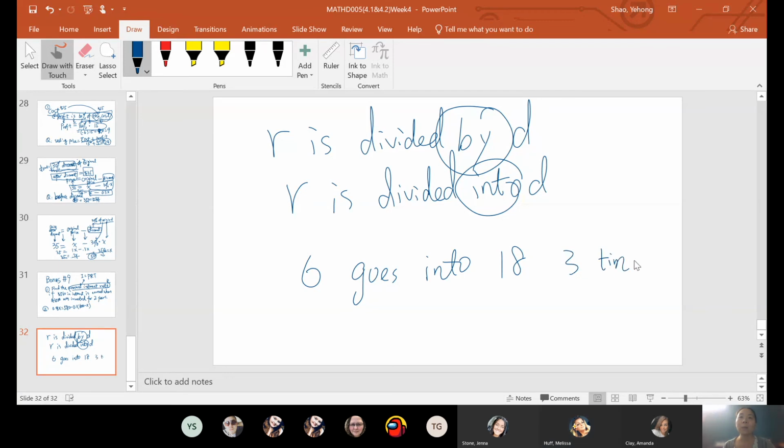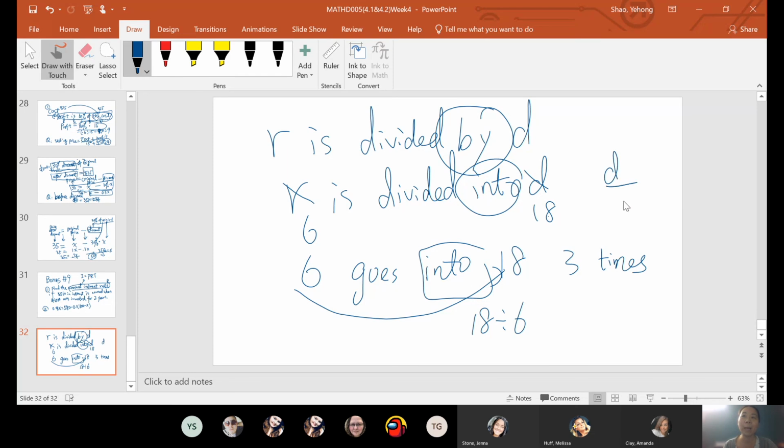Whenever you say goes into, it means 18 divided by 6. 6 is into 18. Maybe that helps you a little bit. You can put the numbers in there to help you. So if I say 6 goes into 18, you have to do 18 divided by 6.